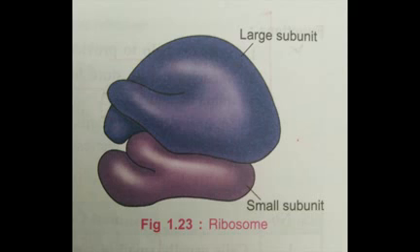Now the ribosomes are rich in RNA and proteins. RNA is useful for protein synthesis. The main function of ribosomes is that ribosomes are considered as the site of protein synthesis in the cell.